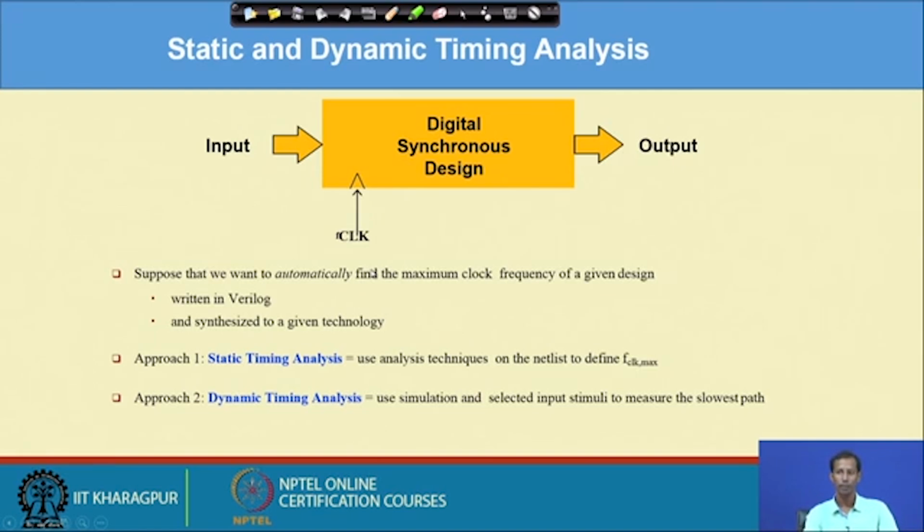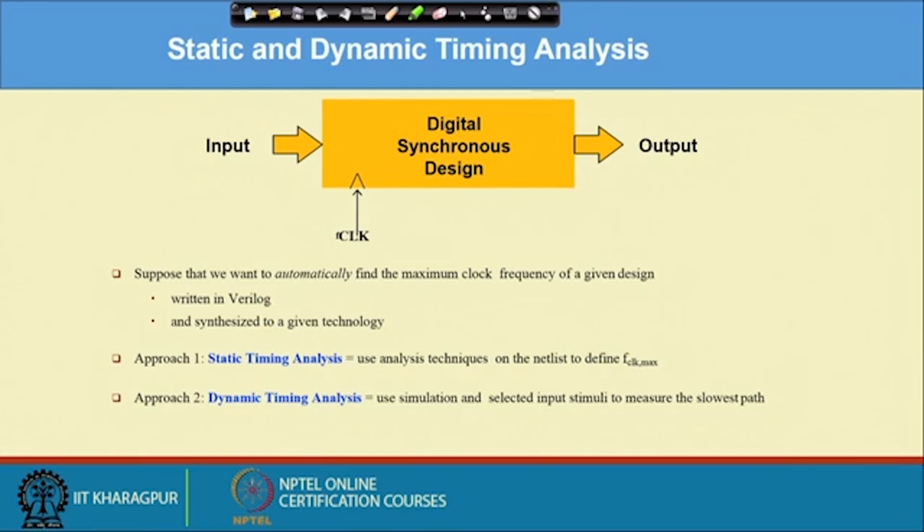Okay. So why do I need this dynamic timing analysis? Because during the testing phase, we will give some test vectors to the circuit to check whether it is working properly or not. In real time, whenever we are giving the inputs, your circuit may fail.